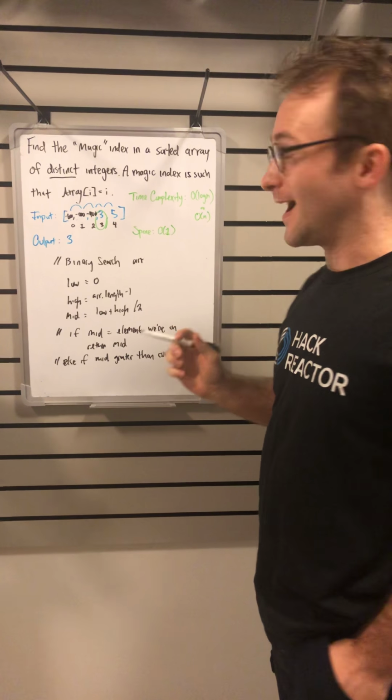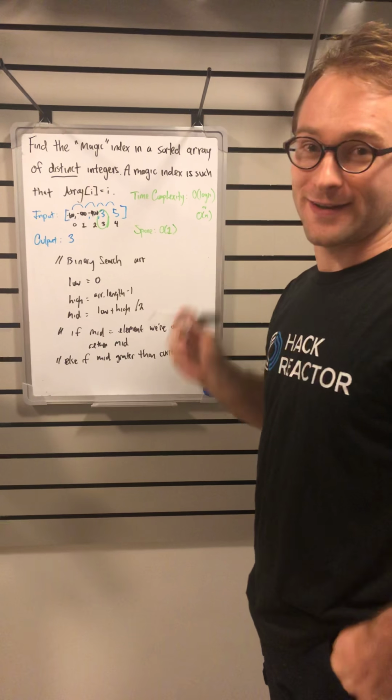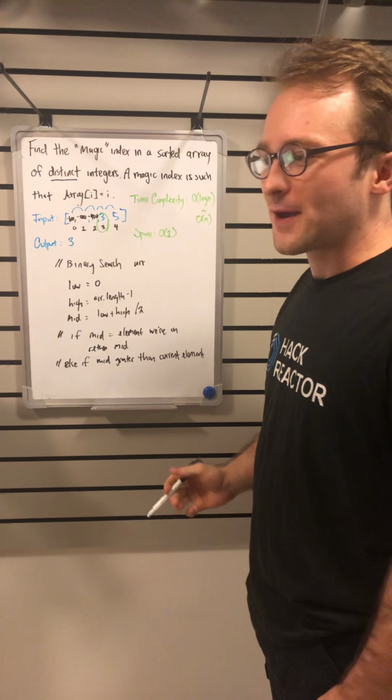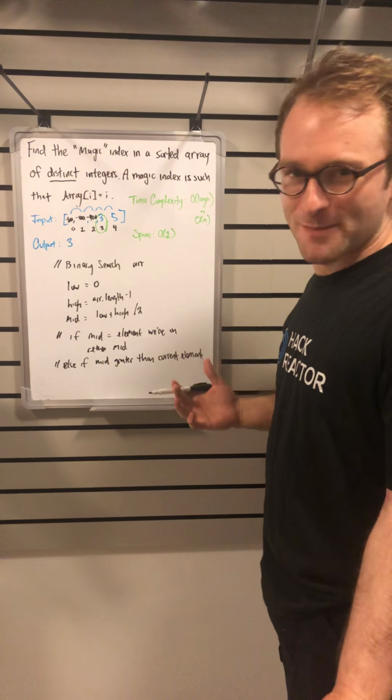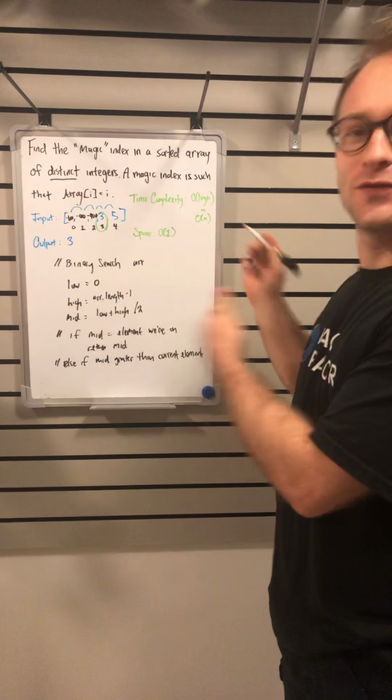Oh my God, I need to move to the right, because there's no possible way I'm going to have a negative index. That just doesn't happen. It doesn't exist. So we have to move to the right.